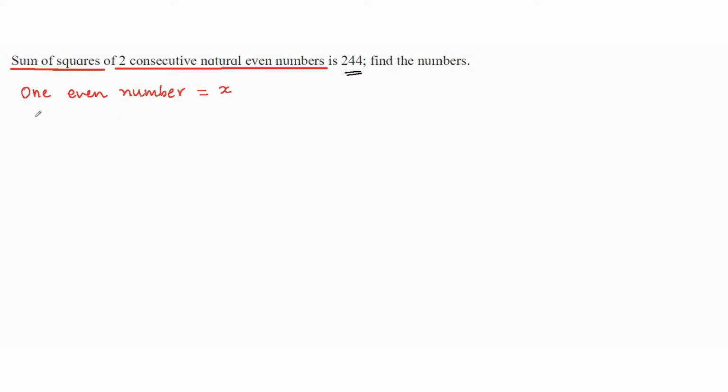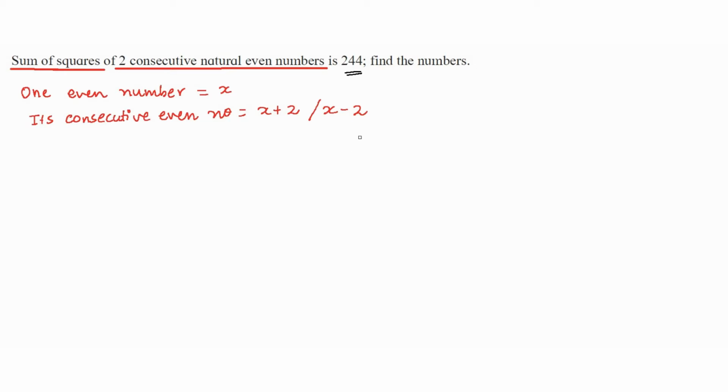So if one even number is x, I can say that its consecutive even number will be x plus 2, or you can also pick x minus 2. If you pick x and x plus 2, then your answer would be different for x, whereas if you pick x and x minus 2, your value of x will be different, but the numbers will remain the same.